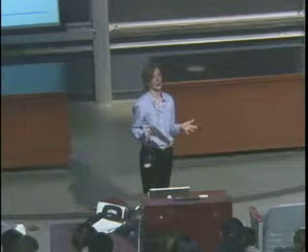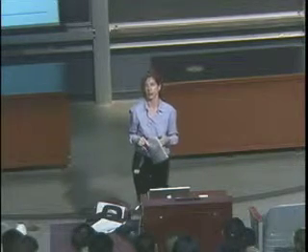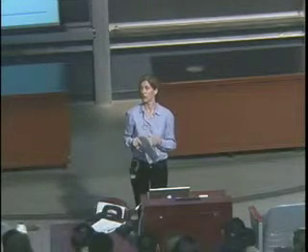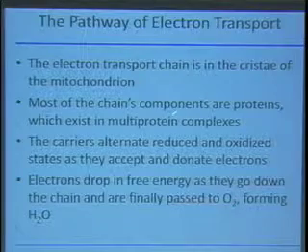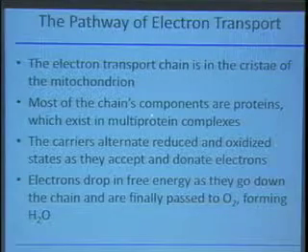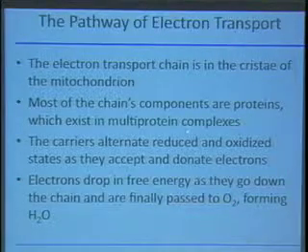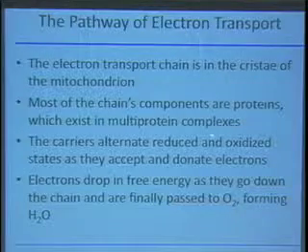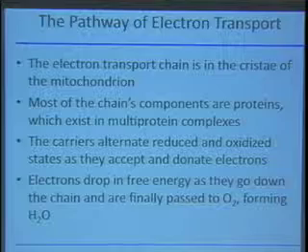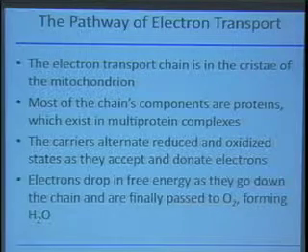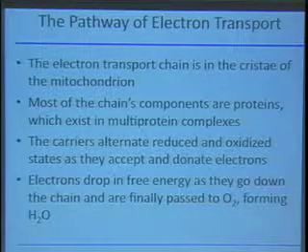So thousands of these electron transport complexes can exist in that space because there's a lot of surface area for them. And most of the chain's components are proteins, but not all, and most of them are actually multi-protein complexes, so very large sets of proteins that come together to carry out this hand-over-hand transfer of electrons.